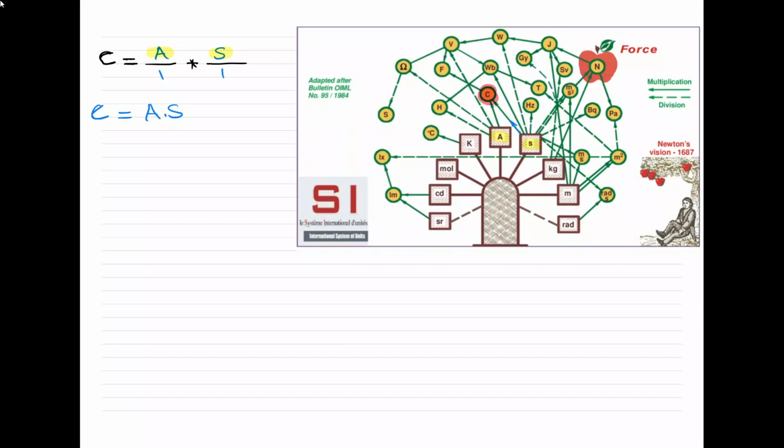Now, let's take another example. Let's find joule. Let us go for joule, which is a unit of energy. So joule here, it is at the top.